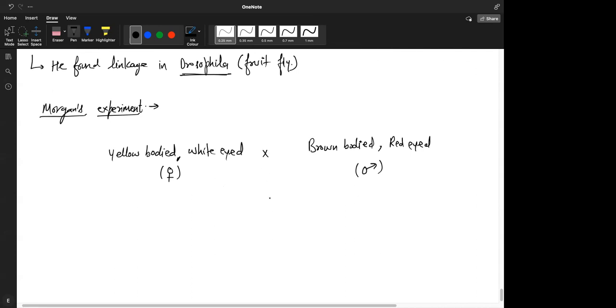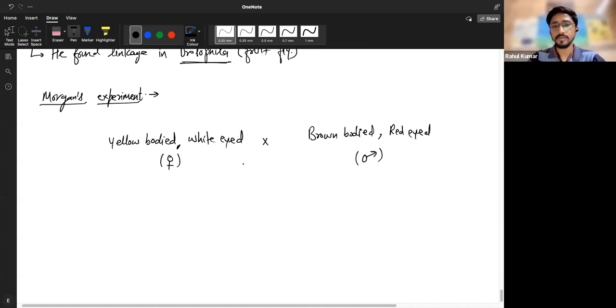But he observed that in this cross, the genes, these two genes, did not segregate independently. Okay. Now this was very interesting.